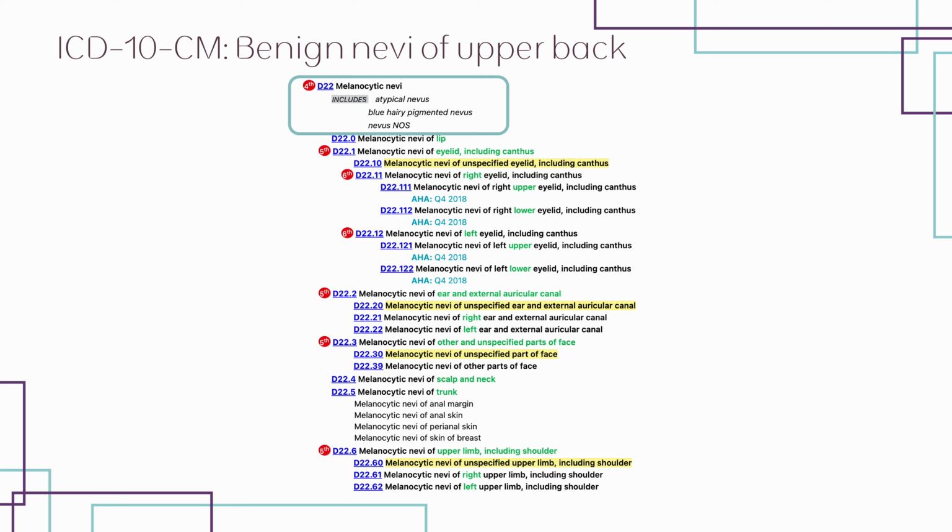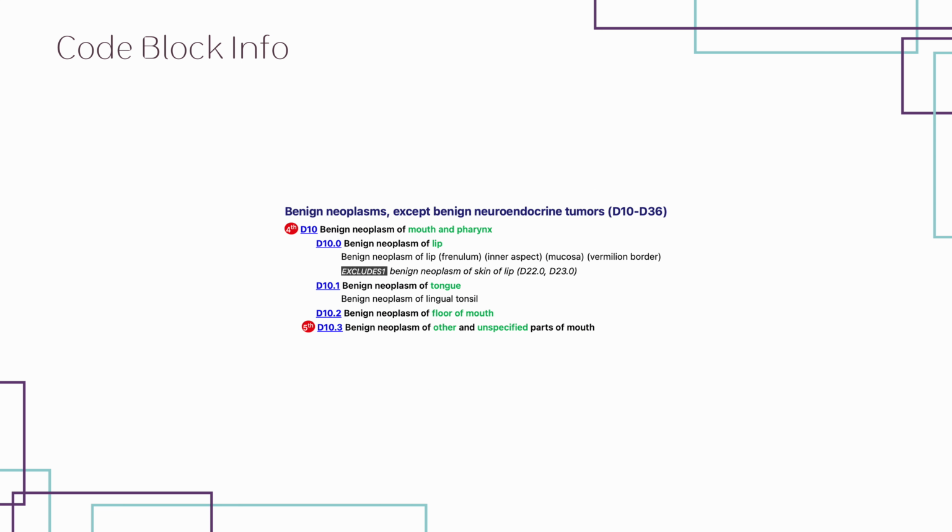So we've already confirmed that there are no exclusion, use additional code, or code first notes. At the beginning of the code block that includes both D22.5 and D22.62, we can see that the codes fall within the range D10 through D36, and this indicates that they are benign neoplasms. So this will be important for our next step.